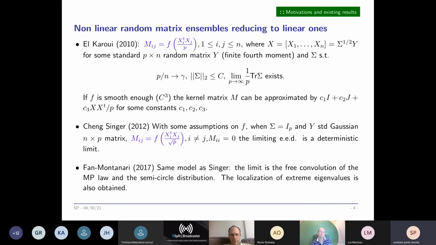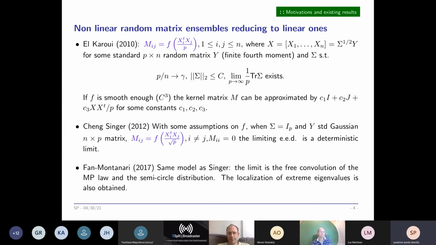And then there was another result of Cheng and Singer two years later with some other assumptions on f. So they almost consider the same ensemble, except that the normalization is square root of P instead of P. And also, we need, in this case, to set the diagonal entries equal to 0.